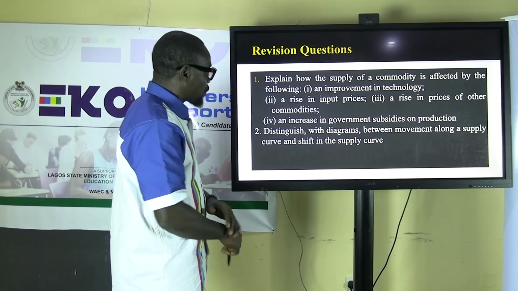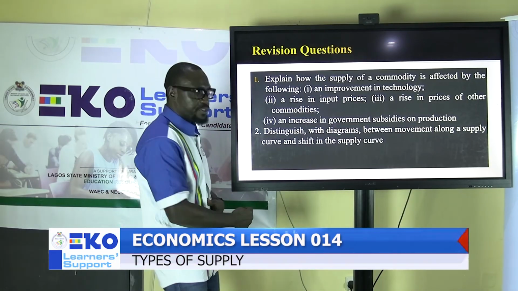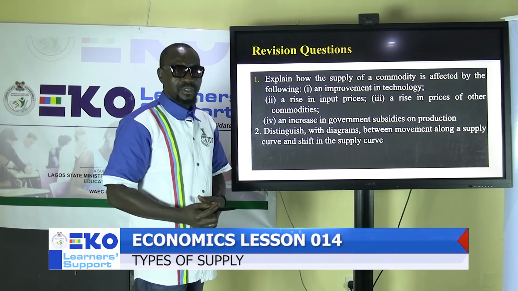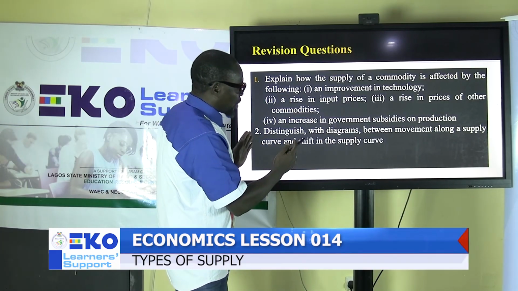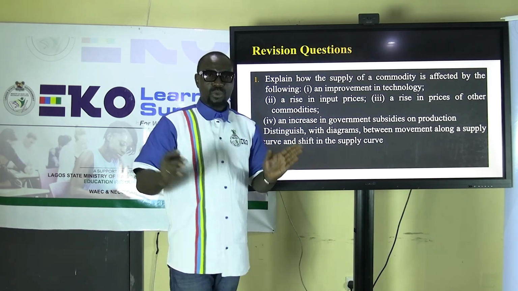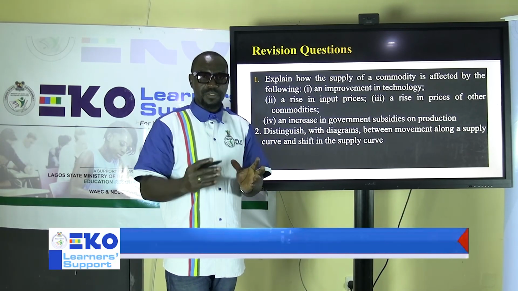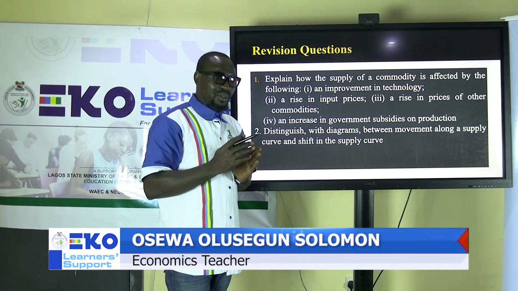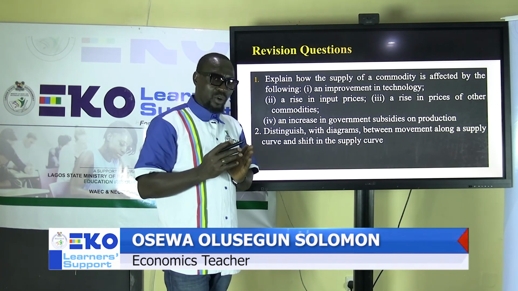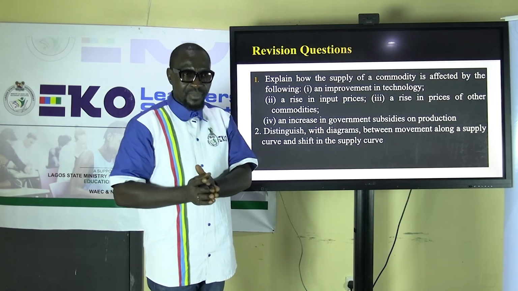Question 2 says, distinguish with diagrams between movement along the supply curve and shift in the supply curve. We drew a clear distinction between what happens when there's a movement along a supply curve and when there's a shift in the supply curve. In a movement along a supply curve, for instance, you have just one supply curve.